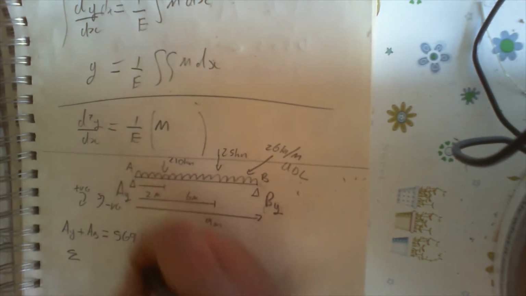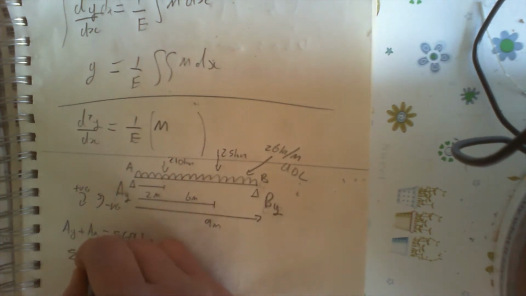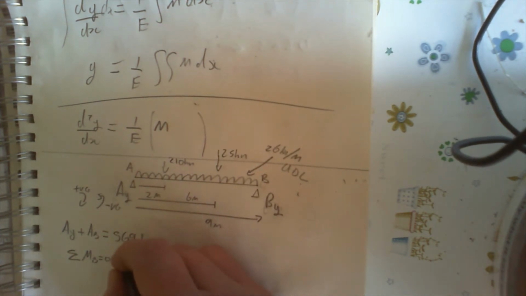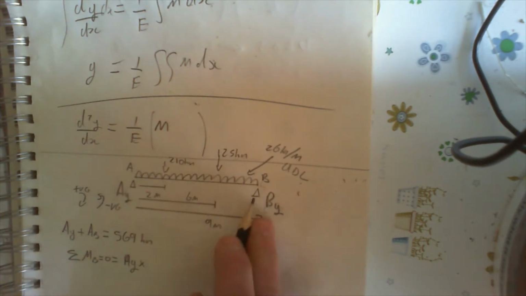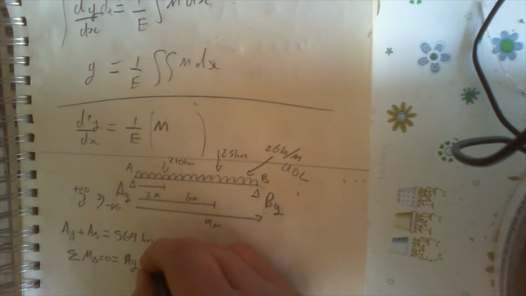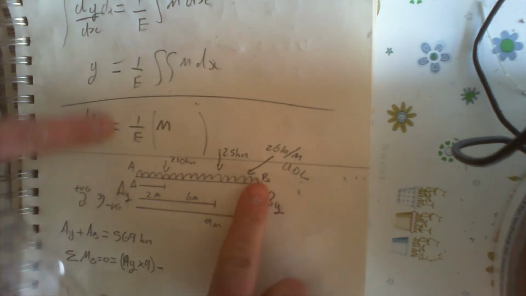anti-clockwise as negative. That equals 0, which will equal AY times 9 metres, and that's positive, so that's going to be pushing it round that way.